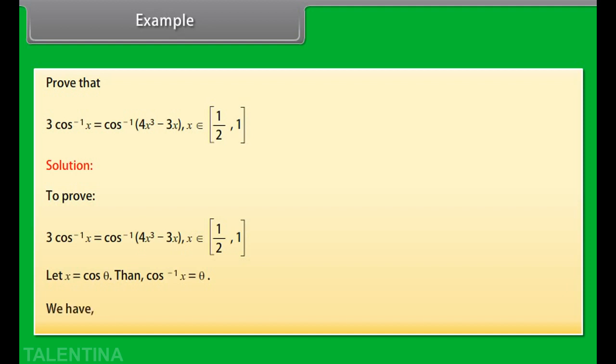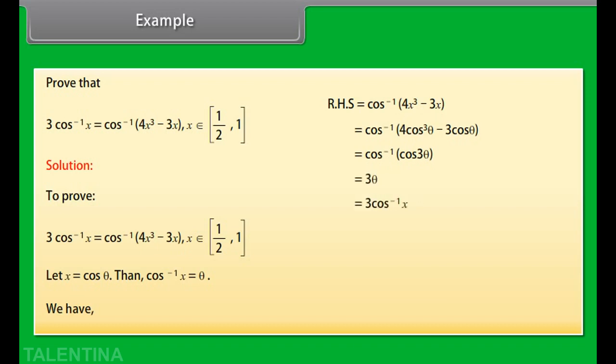We have right hand side is equal to cos inverse 4x cube minus 3x, is equal to cos inverse 4 cos cube theta minus 3 cos theta, is equal to cos inverse cos 3 theta, equal to 3 theta, equal to 3 cos inverse x, which is equal to left hand side. Hence, 3 cos inverse x is equal to cos inverse 4x cube minus 3x, x belongs to 1 by 2, 1.